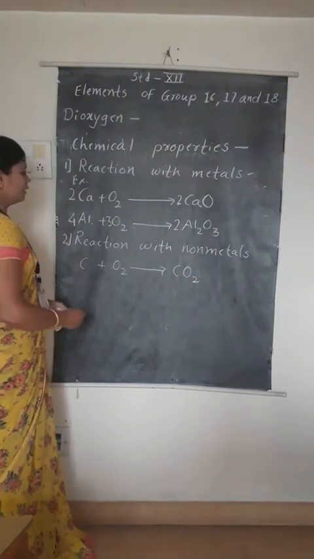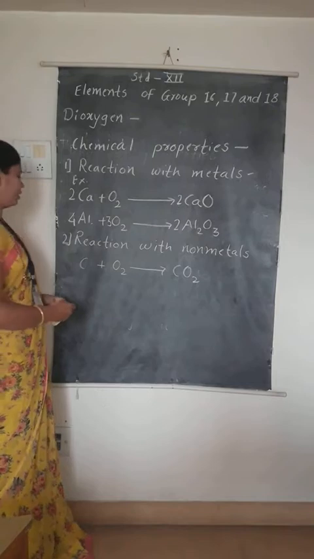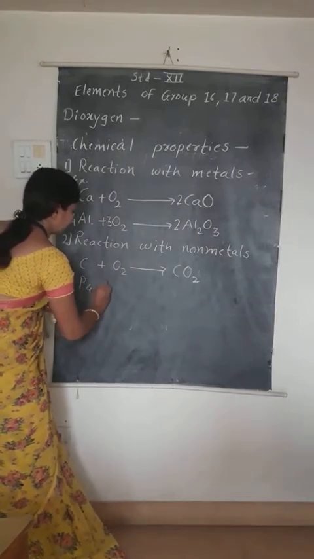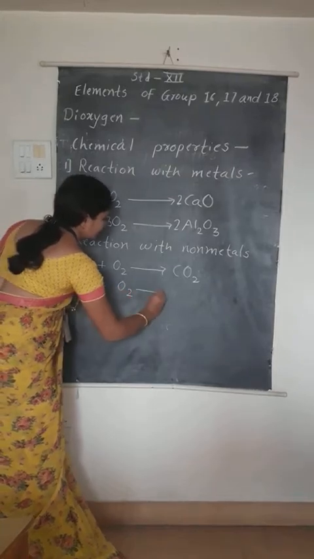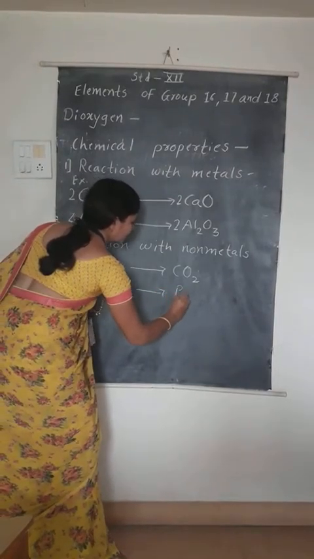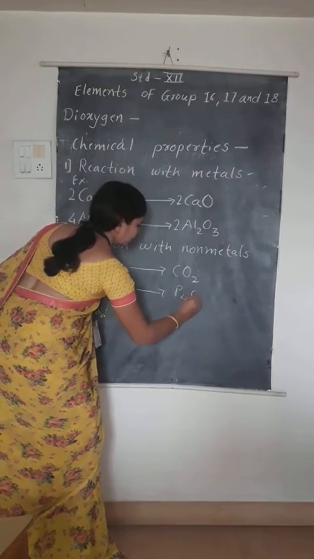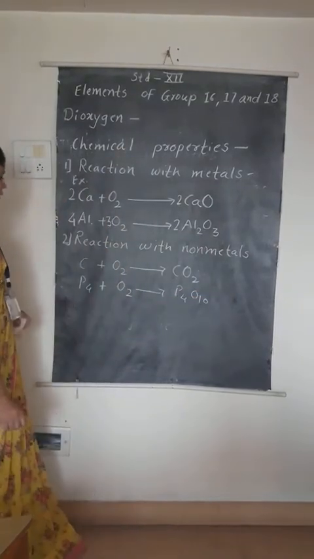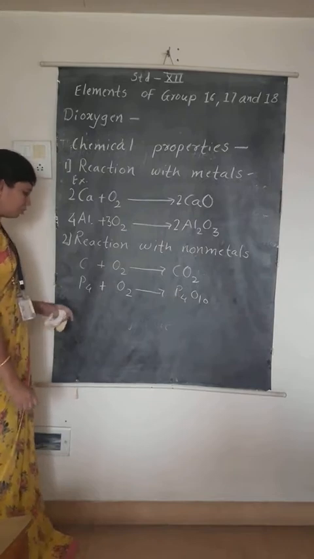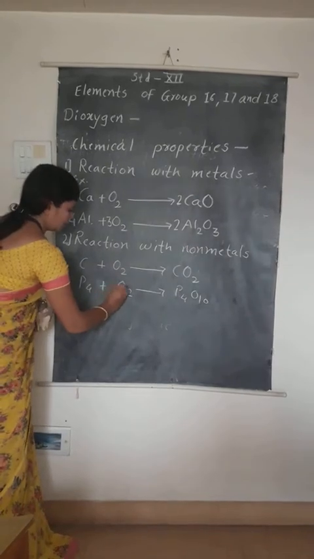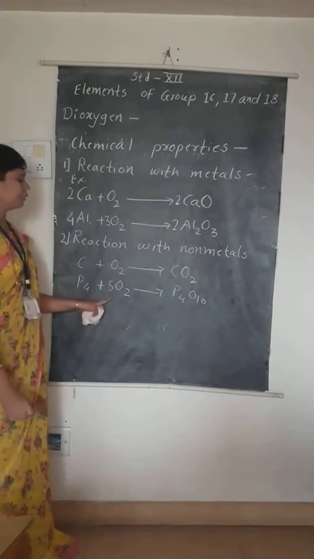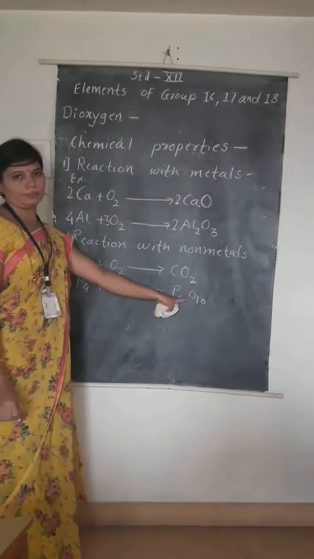Then when dioxygen reacts with phosphorus, it gives the formation of phosphorus pentaoxide, which has the molecular formula P4O10. To balance the number of oxygen atoms, take the coefficient of oxygen as 5. P4 plus 5O2 gives P4O10. Okay.